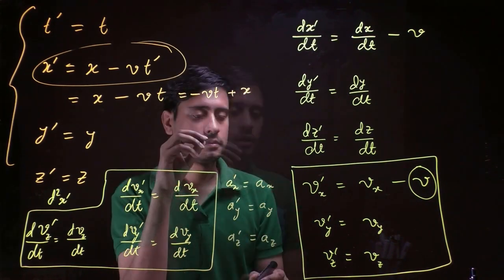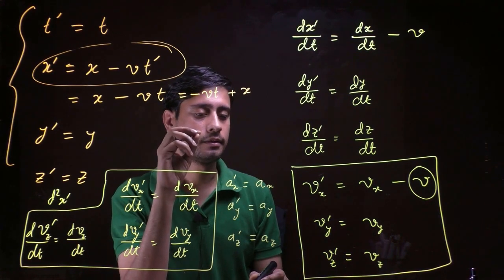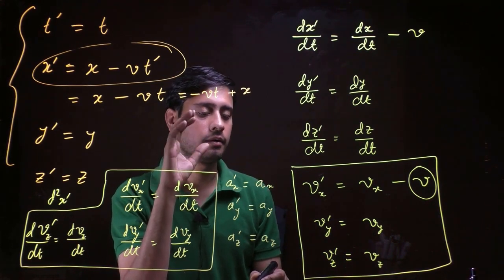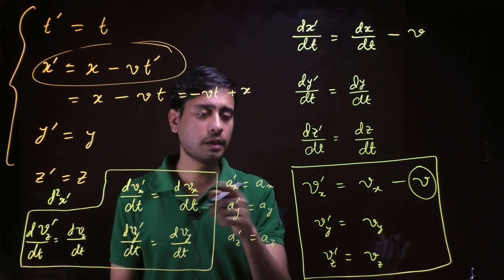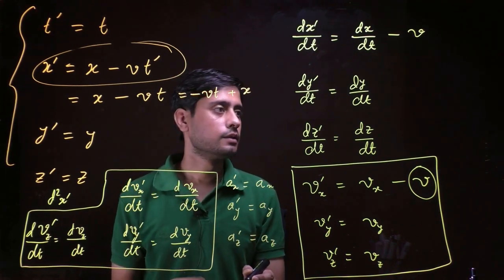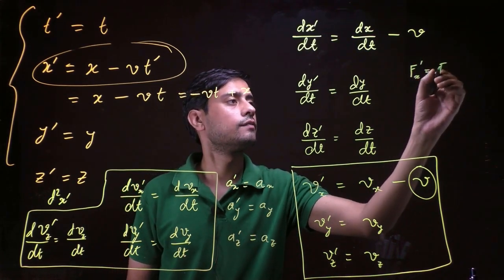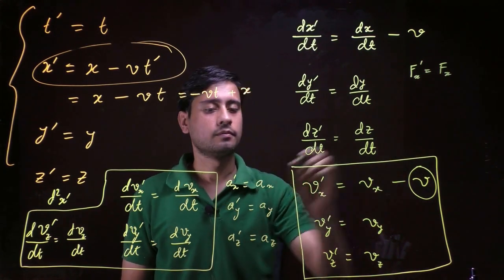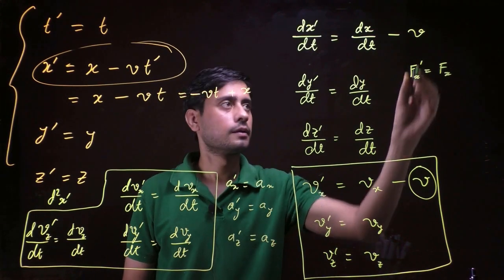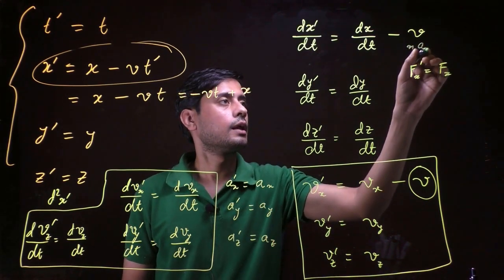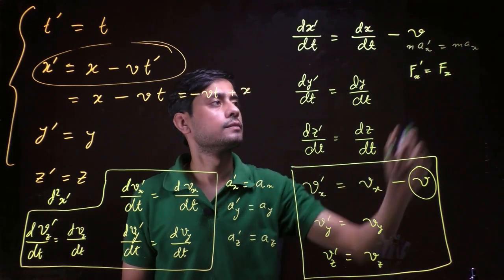Now if instead of the point, we put a mass m at the point P, then multiplying by m on both sides will tell you that the force Fx prime equals Fx, so m times ax prime will be equal to m times ax.